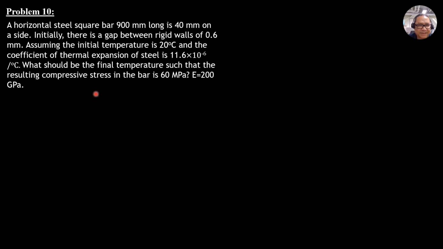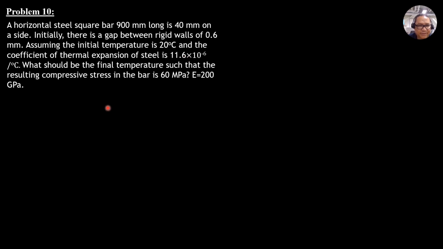So remember that there is initially a gap between the free end of the square bar, which is 0.6 mm. Then the thermal expansion should be greater than this so that a compressive stress will develop. Then from that compressive stress, we can compute the corresponding deformation due to that stress.